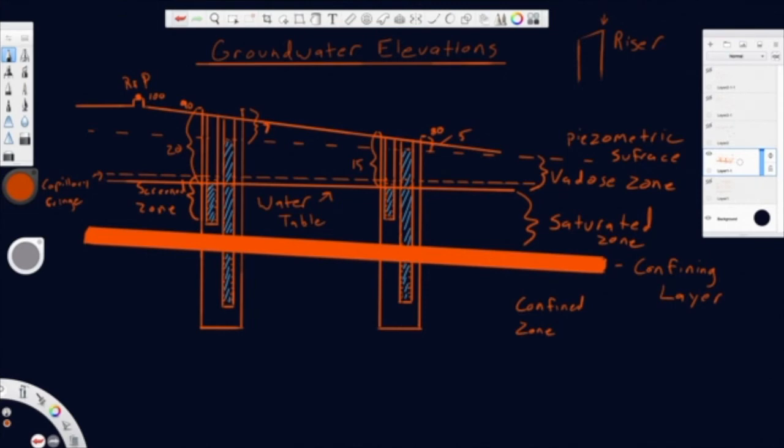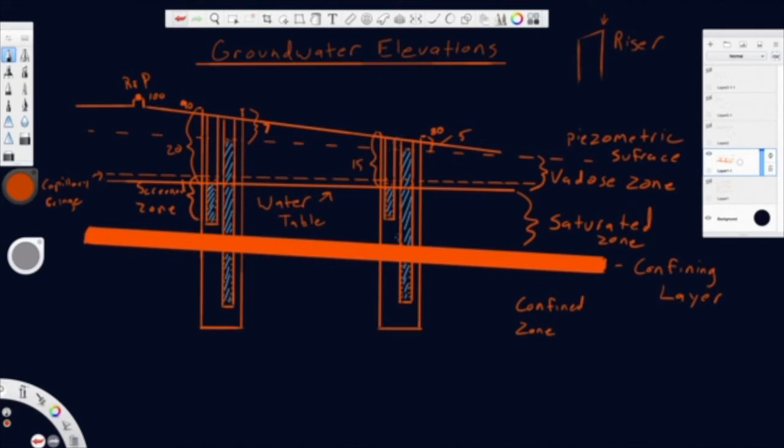This is usually a clay layer or some kind of very low permeability layer. And what happens is this clay layer is impermeable, so it basically separates everything above it from everything below it. And you can have it going up the side of a mountain. You can have very high water tables that come down and basically pressurize this confined zone.